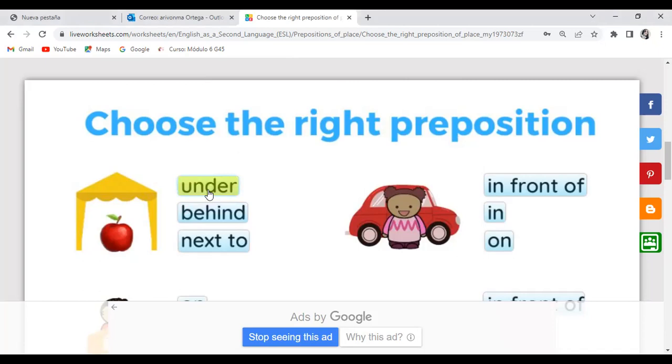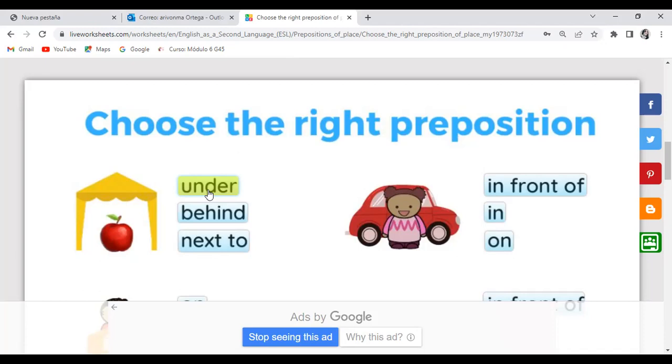And your little daughter says, Mom, where's my doll? Where is my doll? What do you say? It's in front of, in, or on? Where is my doll? Your little daughter asks you. Sí, su niña les dice, mamá, ¿dónde está mi muñeca? Mom, where's my doll?